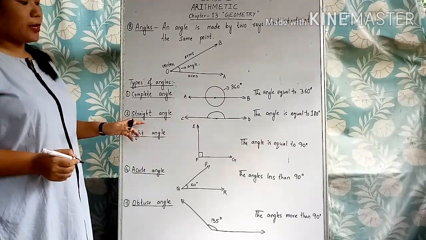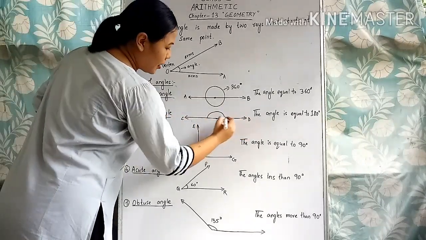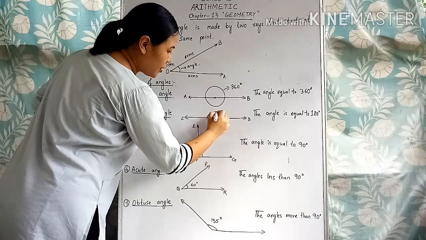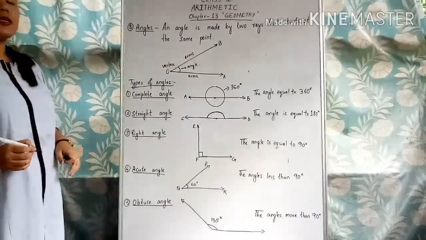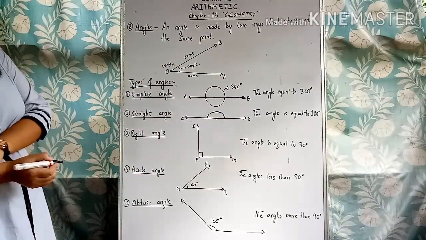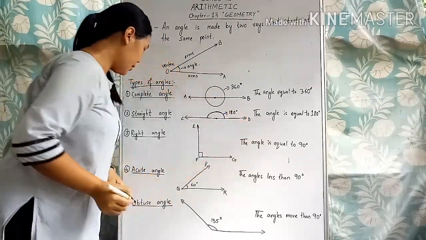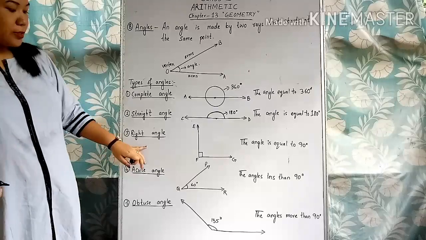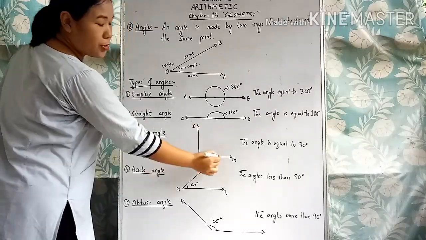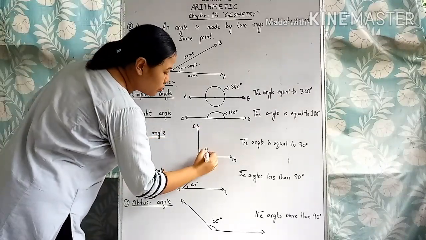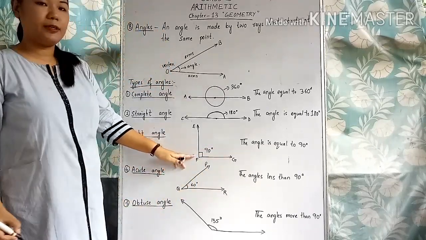Next is straight angle. Now in this one you can see 180 degree. Now the angle is equal to 180 degree, straight angle. Next is right angle. When we say right angle, the angle which is formed is equal to 90 degree.